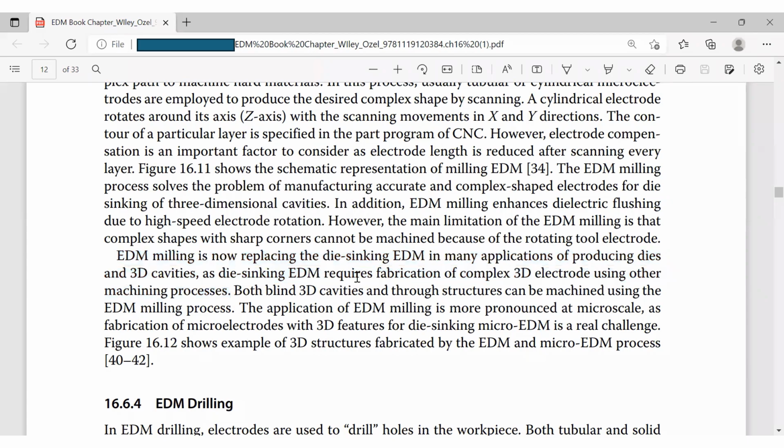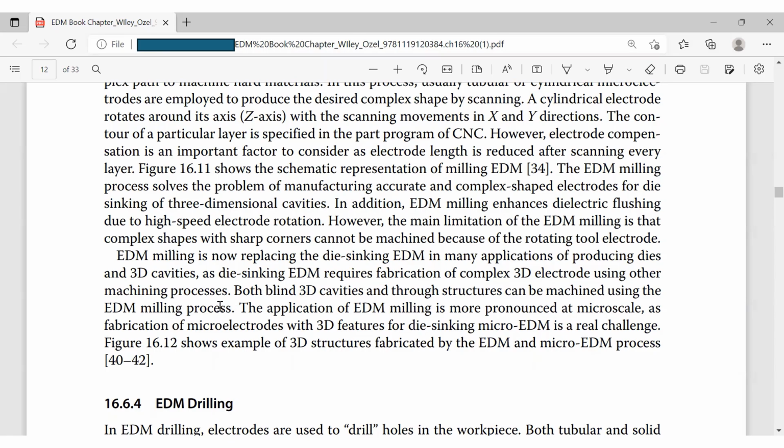You need to know that. Die-sinking EDM itself requires fabrication of a complex 3D electrode and using other machining processes. And both blind 3D cavities and through shapes can be machined using the EDM milling process.